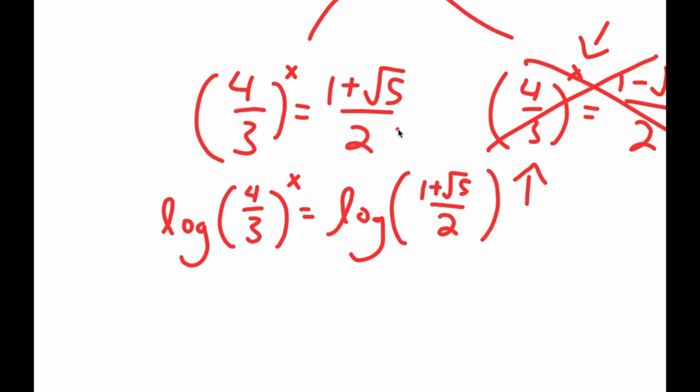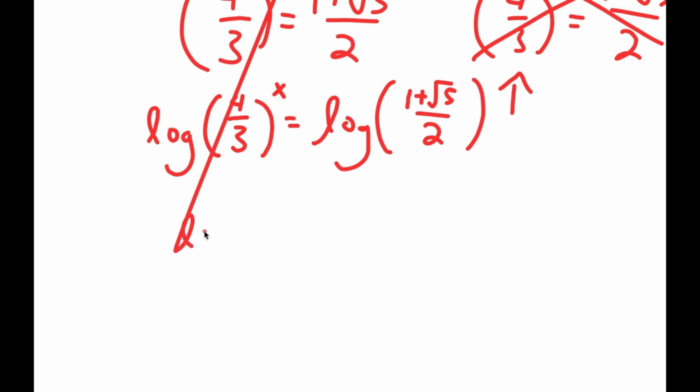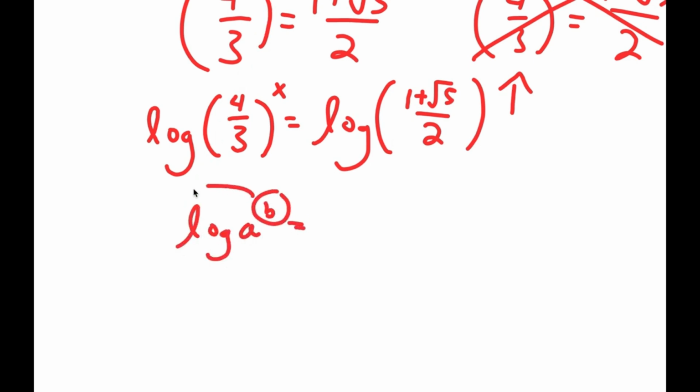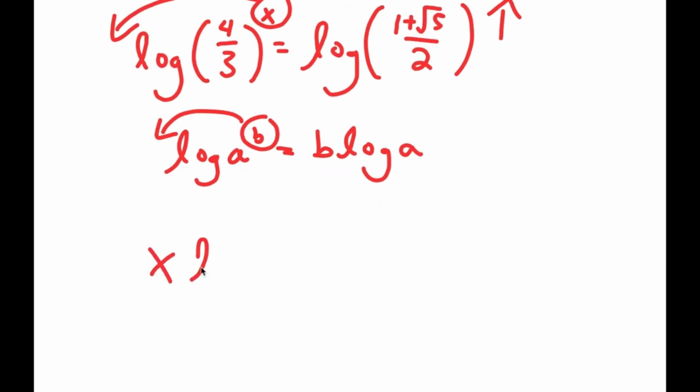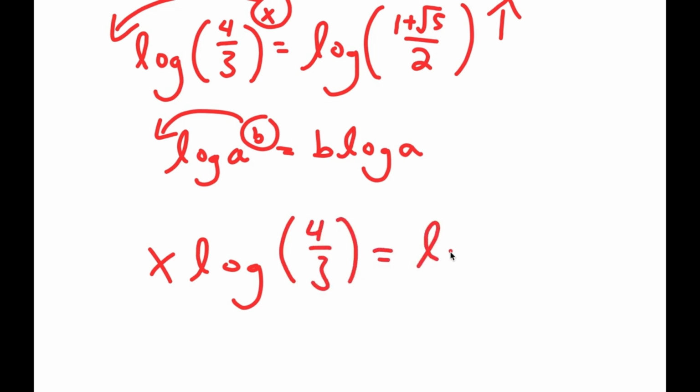Now, if I have something in the form log a to the power of b, I can move this exponent b to the front, so it's going to equal b times log a. In this case, I have log 4 over 3 to the power of x, and I can move x to the front. So I get x times log 4 over 3 is equal to log 1 plus the square root of 5 over 2.